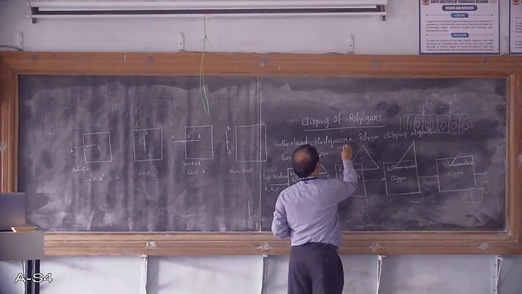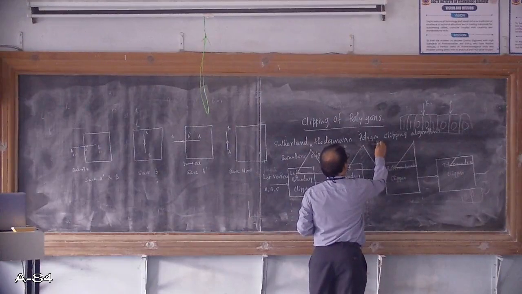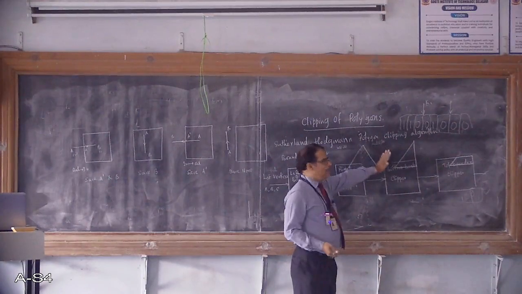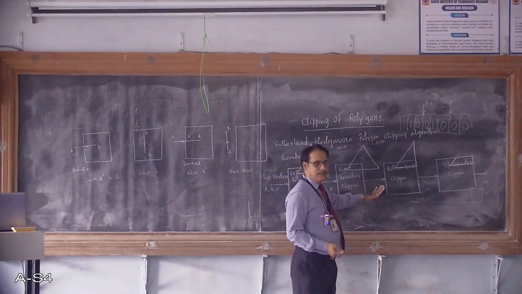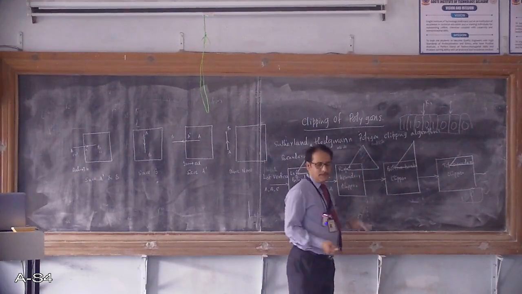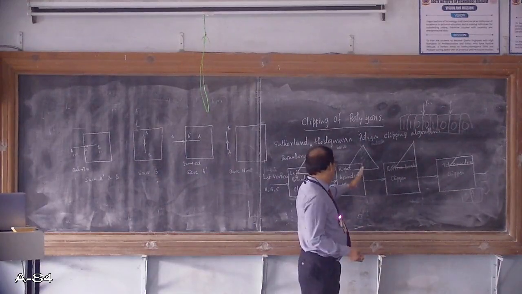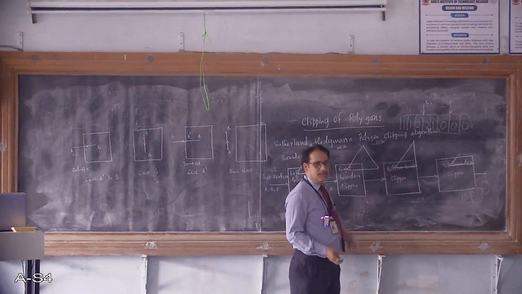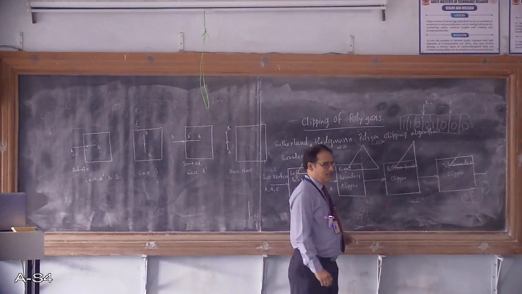This is inside, this is outside, and therefore any object lying in the outside portion needs to be eliminated, and any object lying in this portion has to be retained because it is visible, because it is inside.